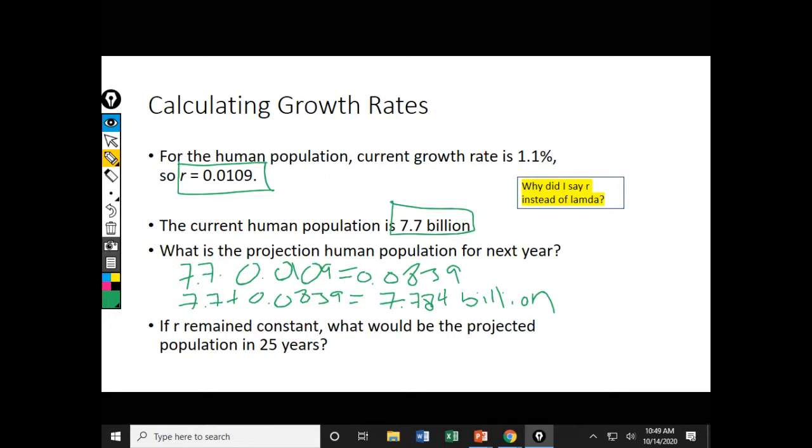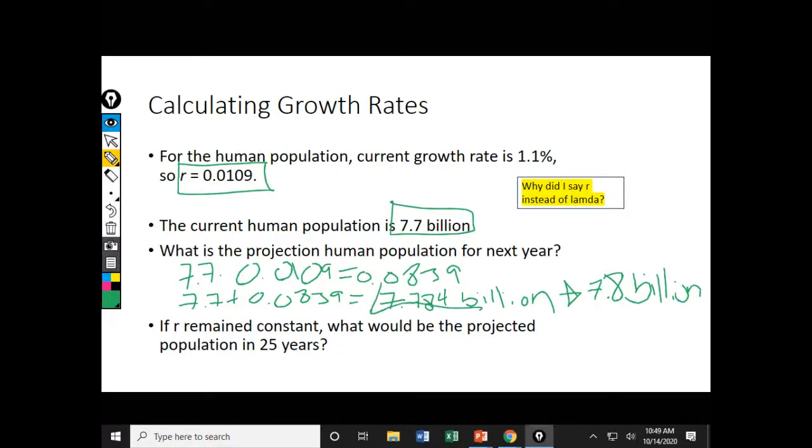I've decided to not deal with the zeros because zeros are hard. If I wanted to do my sig figs and round, what I would end up with is just shy of 7.8 billion.